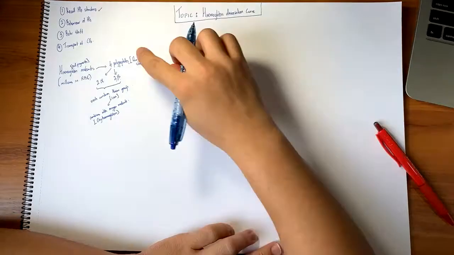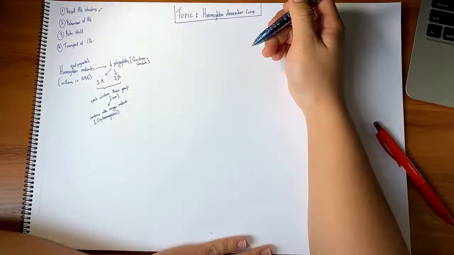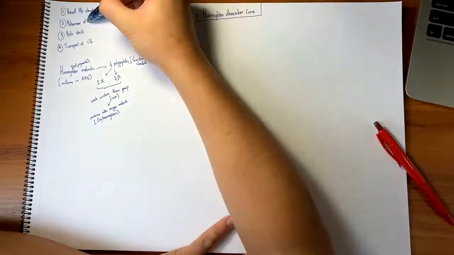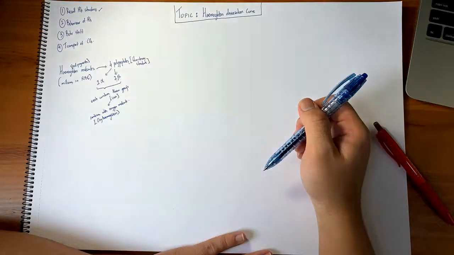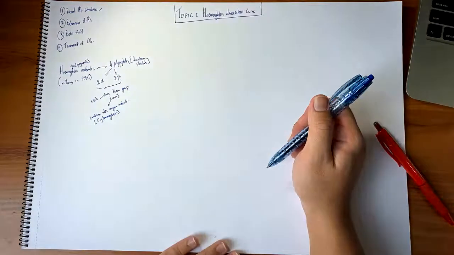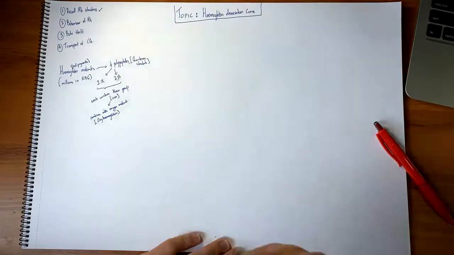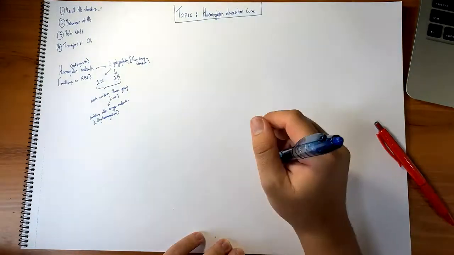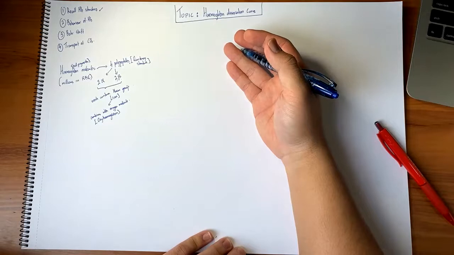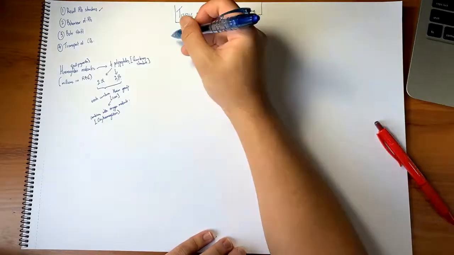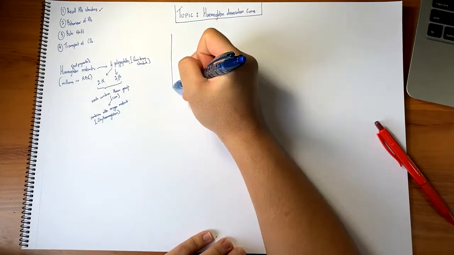Okay, so that is done now. The next part is we're going to look at the behavior of the hemoglobin molecule. So what is the behavior of the hemoglobin molecule? We can present it in the form of this graph here.